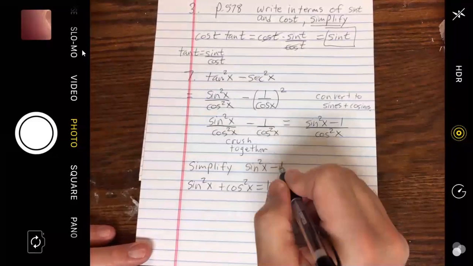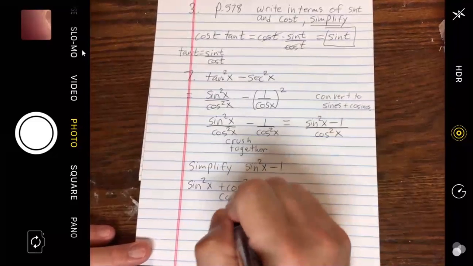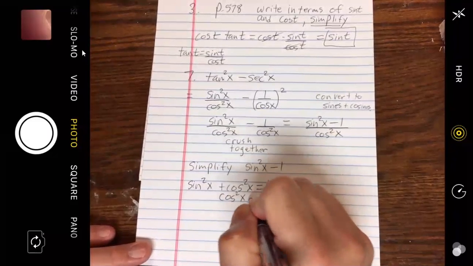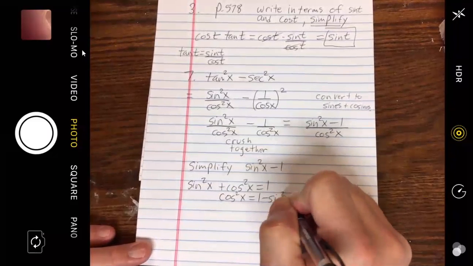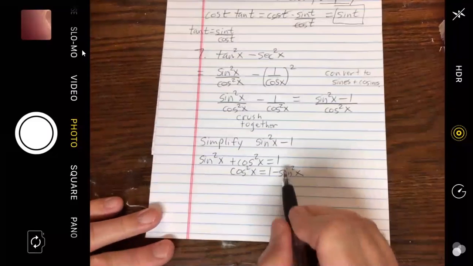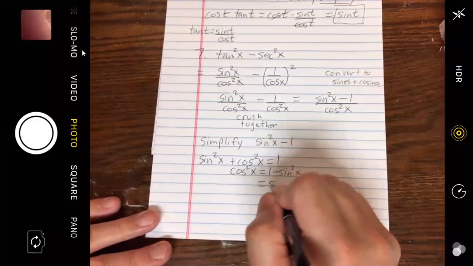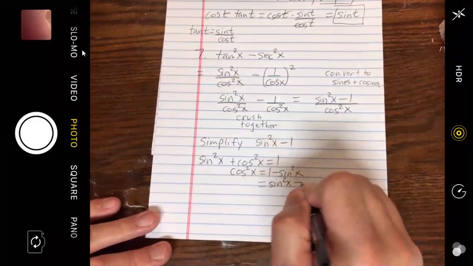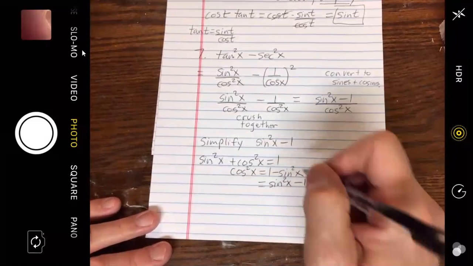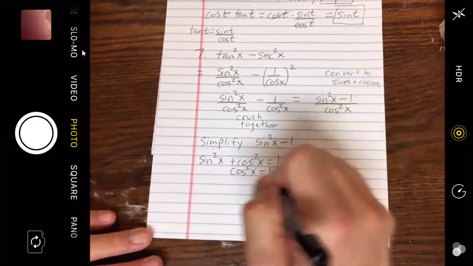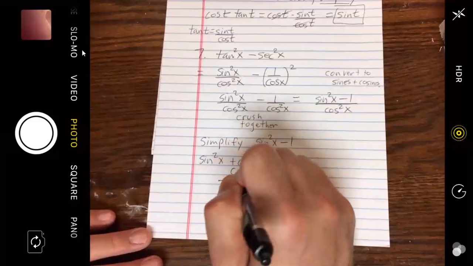Well, I want the 1 and the sine squared on the same side. So cosine squared, again, they can't give you every variation, is 1 minus the sine squared. Now I've worked it to where I've got it backwards. If I switch this order, sine squared minus 1, in effect, I've divided through by -1. It would put a negative over here, cosine squared of x.